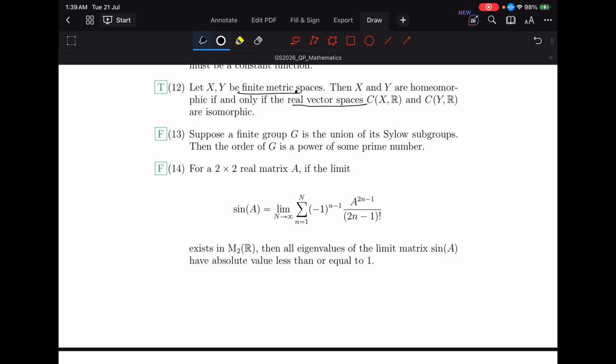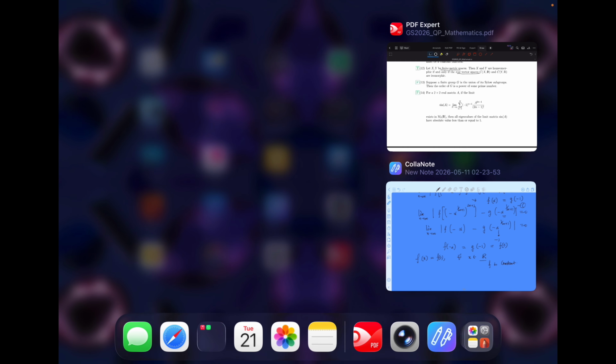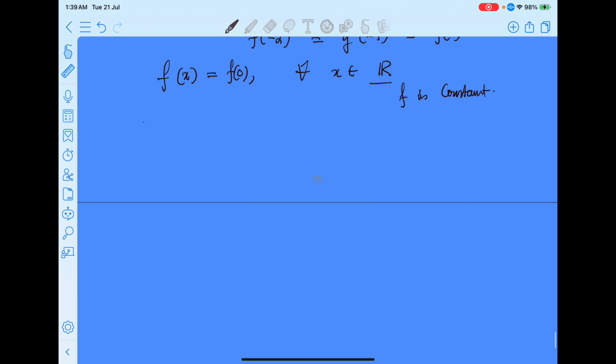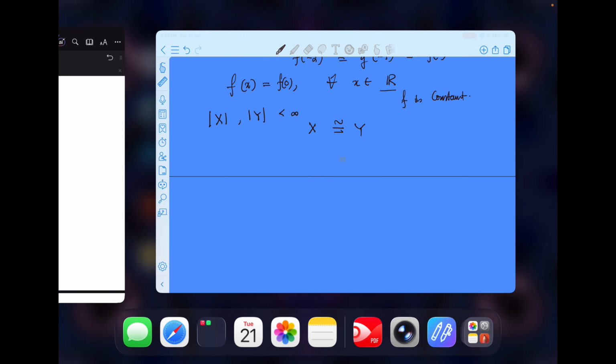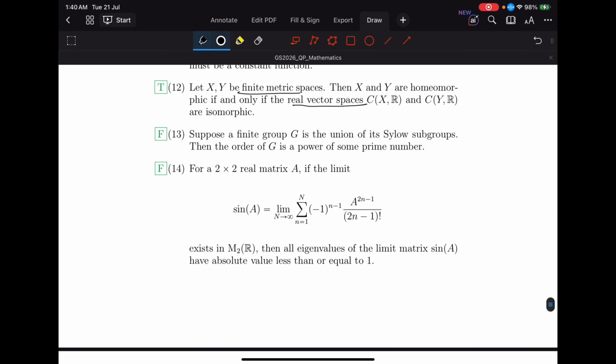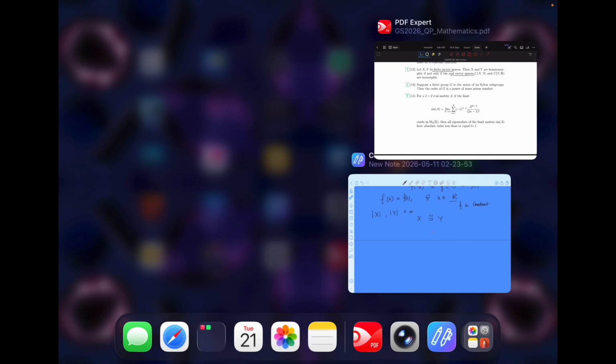These are finite metric spaces, so if these are homeomorphic, then C of x comma R and C of y comma R are isomorphic real vector spaces.